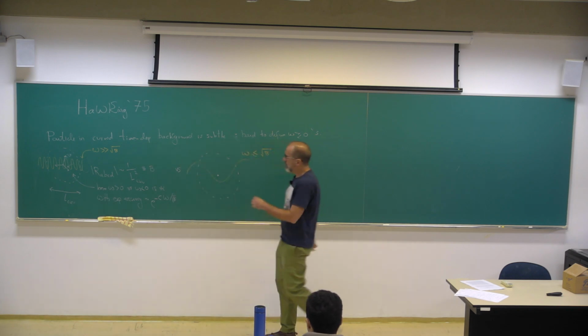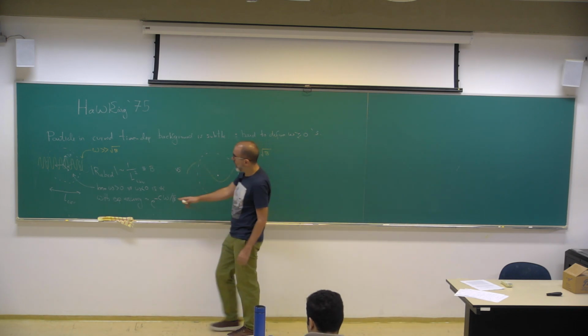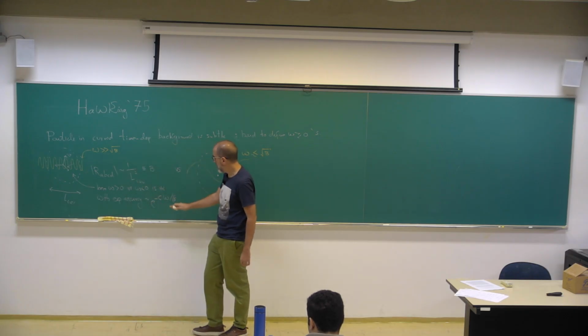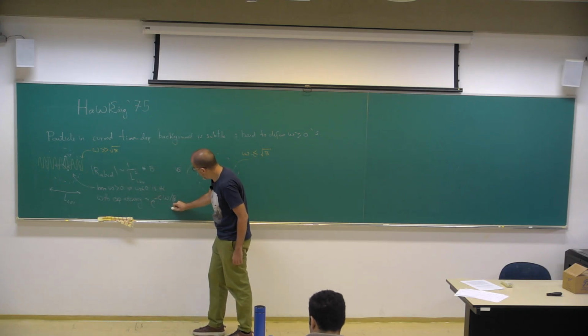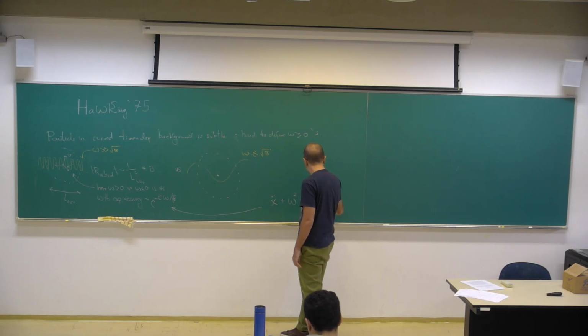Okay. So now, why is this true? Why is it true that if omega is very big, it's exponentially small? This you can see with a simple toy model. So a toy model that illustrates this well is the following. Consider the problem where you have x double dot plus omega squared x equals 0.